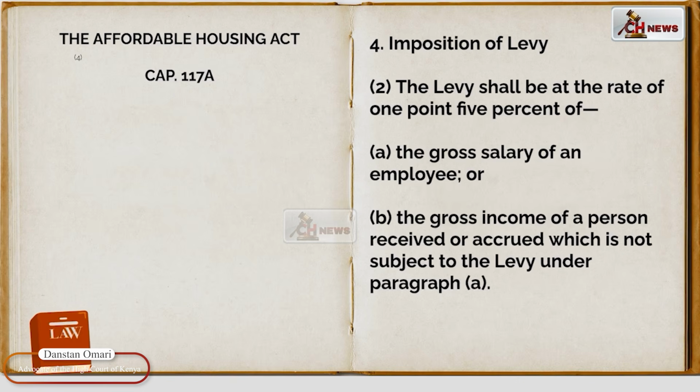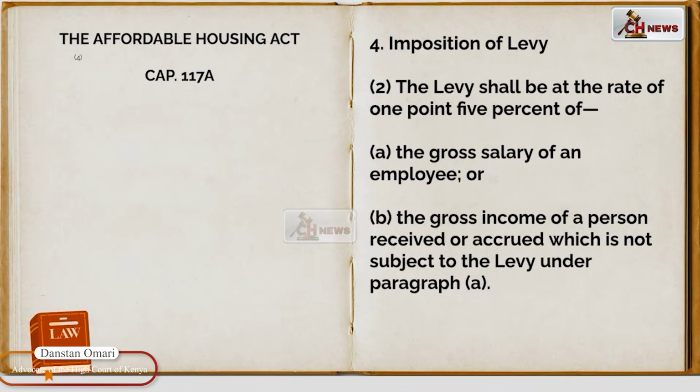B, the gross income of a person received or accrued which is not subject to the levy under paragraph A.